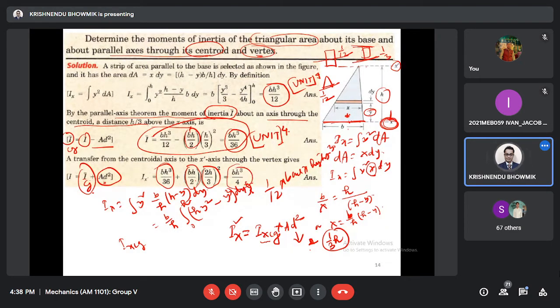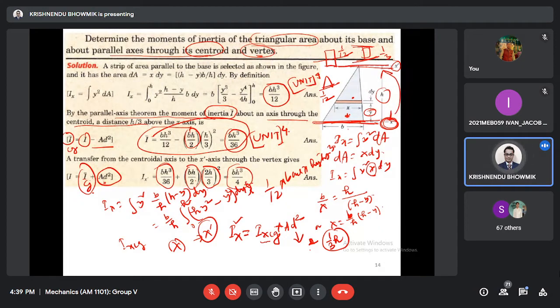You have to be careful. When we utilize the parallel axis theorem, the axes are parallel. Second, out of the two axes, one is passing through the centroid. Nobody can work like this: say, for example, I told you to calculate the Ixx value with respect to the base, with respect to the x-axis, then move to the x prime axis. I did not tell you to calculate based on the centroid. I told you just this and this. You cannot jump from this to this.